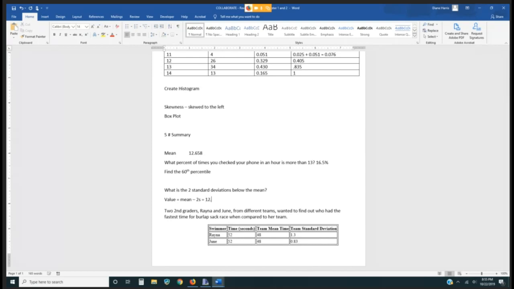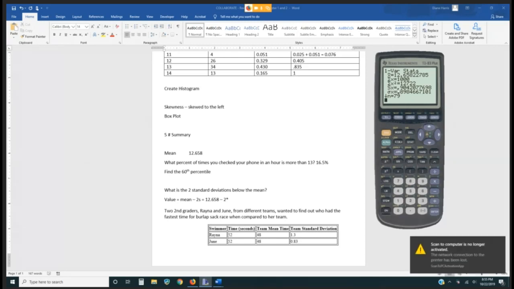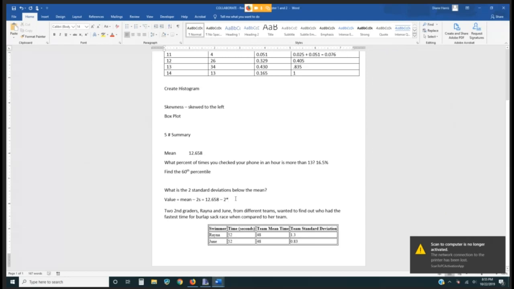So 12.658 minus 2 times our standard deviation. We need that from our calculator. Here is where we need to use the sample standard deviation because we realize that this is just a sample. So it's 0.904, and you get an answer of 10.85. So 10.85 is 2 standard deviations below the mean.